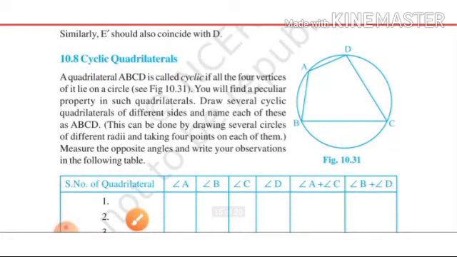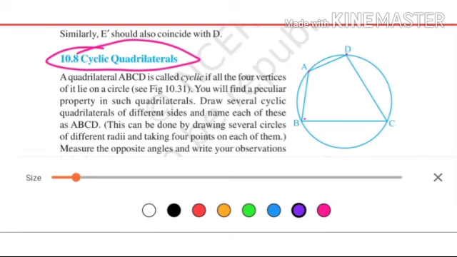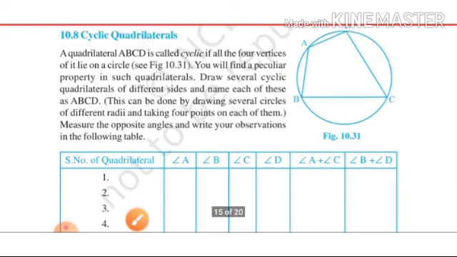Then we have cyclic quadrilaterals. Cyclic quadrilaterals mean a quadrilateral whose all the points, that means all the 4 vertices, lie on the circle, is a cyclic quadrilateral. You can see A, B, C, D, all these points lie on the circle, so it is a cyclic quadrilateral.